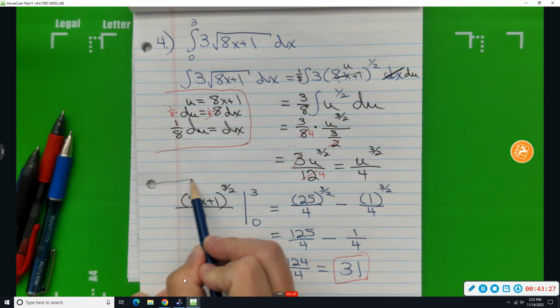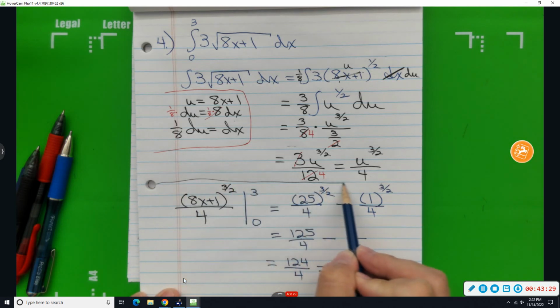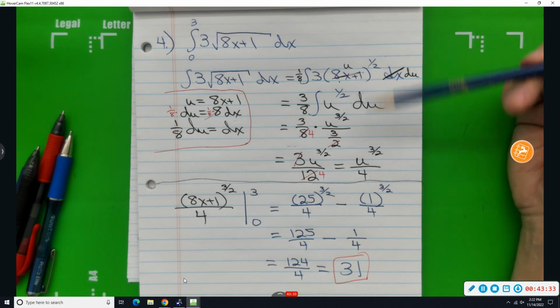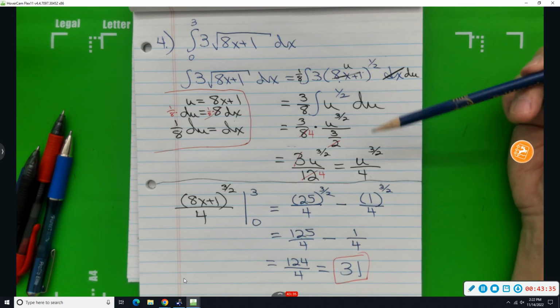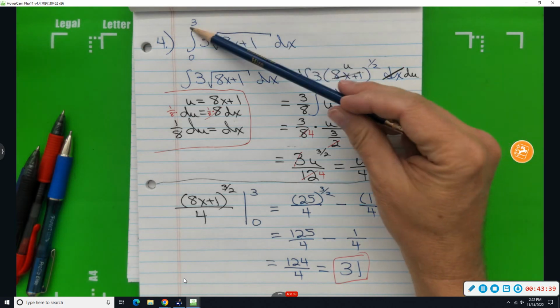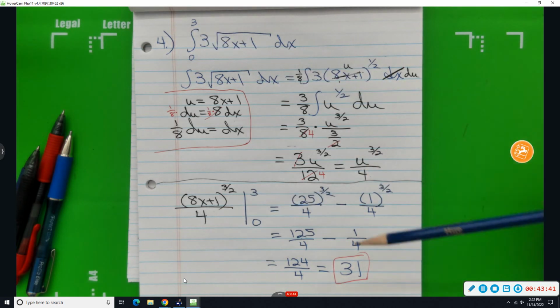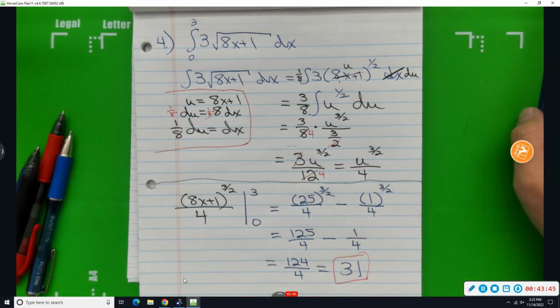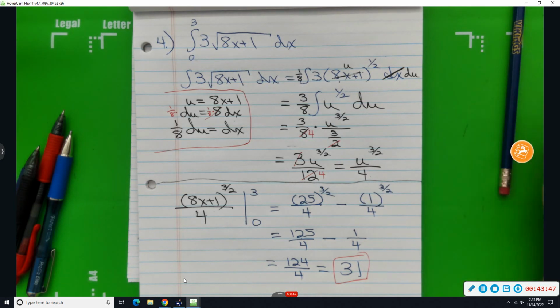This stuff here, all of that is old stuff. That stuff we'd already done, anti-differentiating. The new stuff is the way we plugged in the 3 in the antiderivative minus the 0 in the antiderivative. Any questions there?